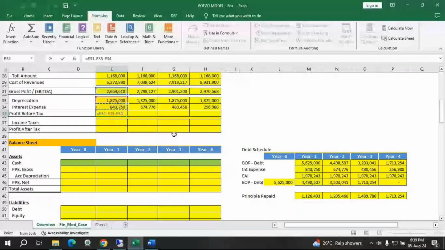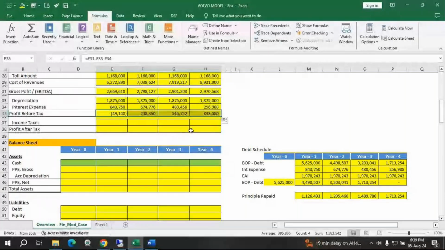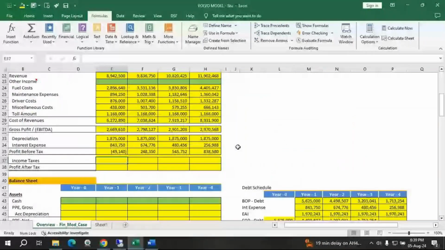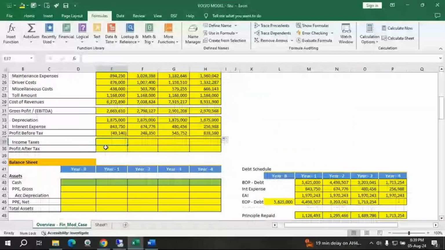I will do it till profit after tax, then you people can solve it. Tax, how much are they telling? Tax is 5%, isn't it? Income tax: in the first year the value is negative, so nothing. If there is no profit, what will I pay? It will be zero.